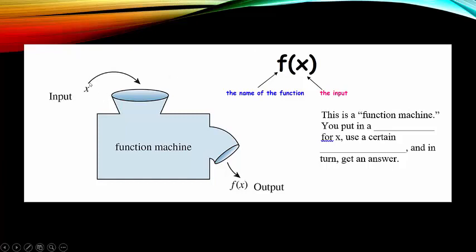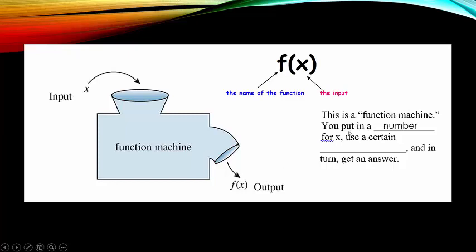So the idea is we take an x, an independent variable, we put it in, hence the name input. The function machine will use some formula and kind of take that x and do stuff to it, and then it spits out our answer, which is why we call it an output, or f of x.